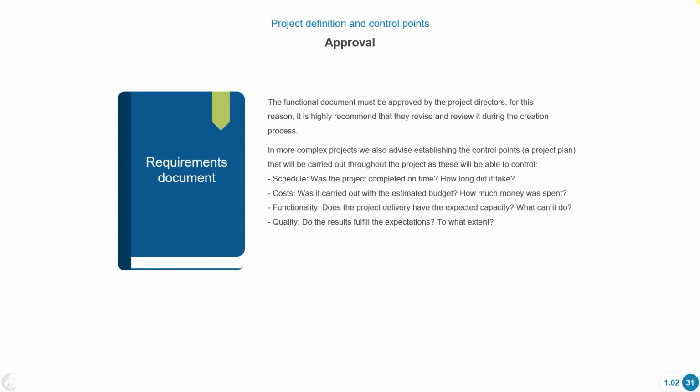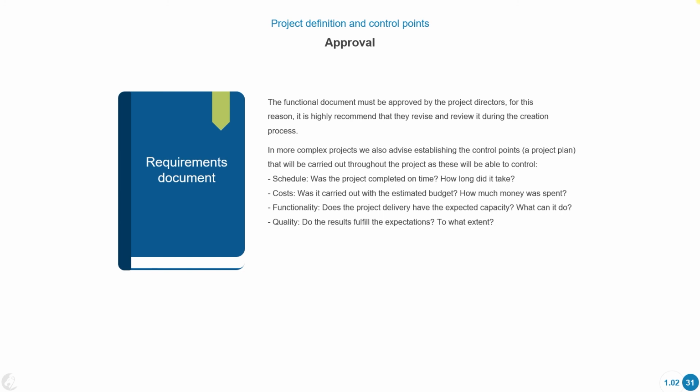Whoever is in charge of the processes of the company has to approve that this is correct, this is what they want to achieve. And as it says here, it's highly recommended that they review it during the creation process, not leave it until the end, because maybe it's a large document with 50 pages or 500, I don't know, depending on the process, and they might want to chew it in smaller bites.